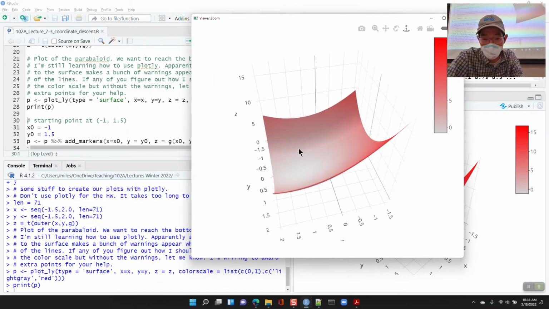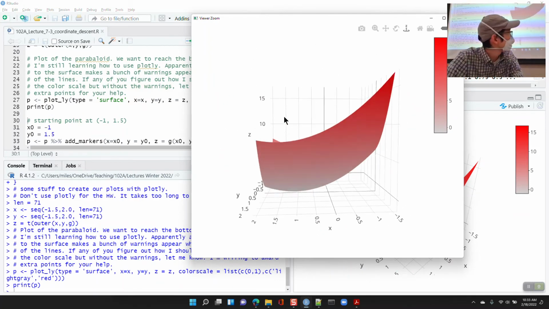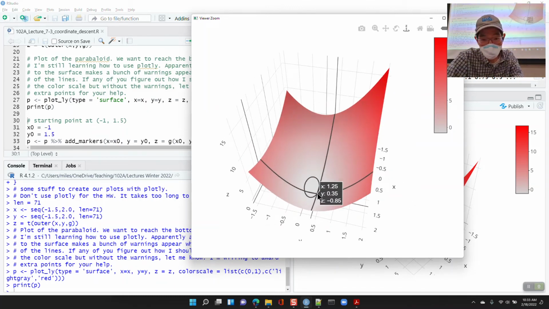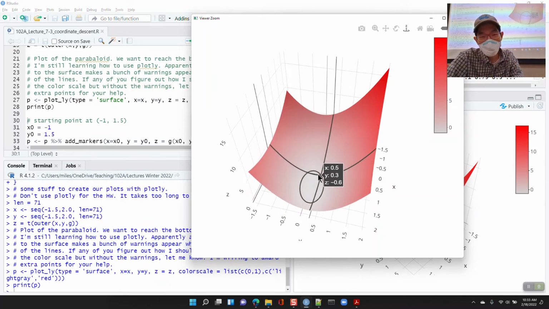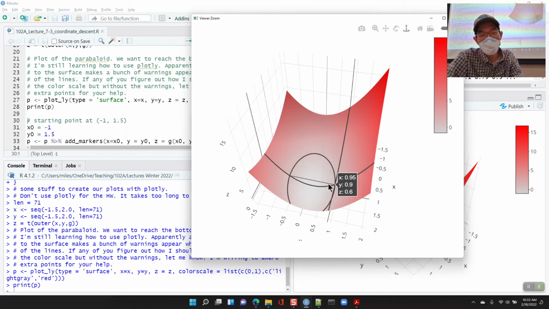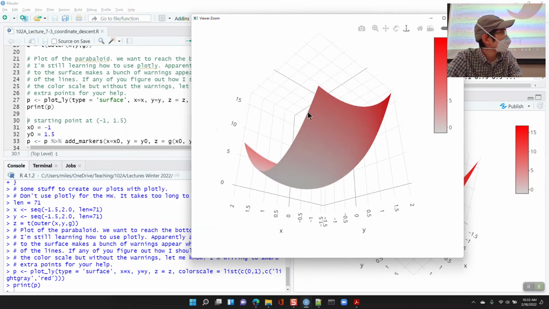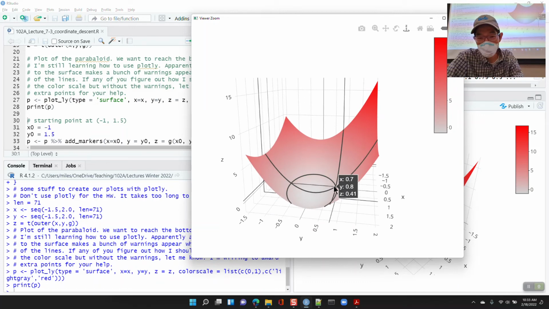All right, this is what it looks like, and you can kind of see, it's a little hard to see, but we've got these concentric ellipses. Is that even the right term? Concentric ellipses? You can see kind of, I don't know.